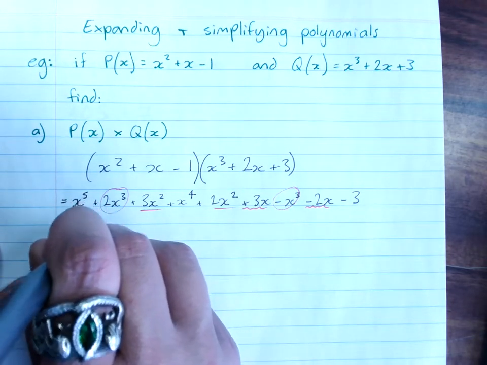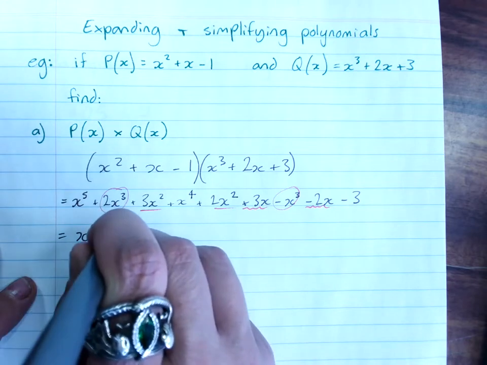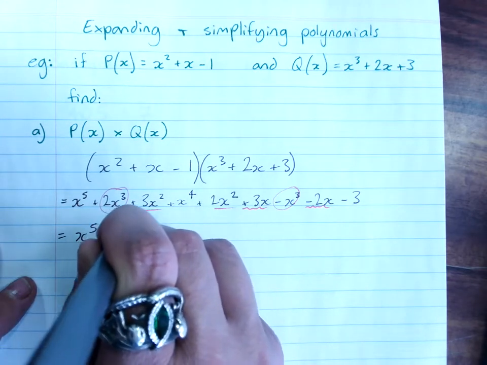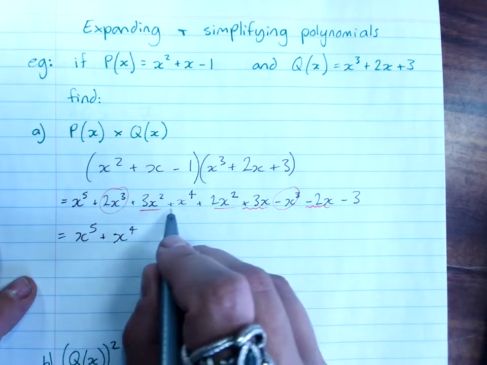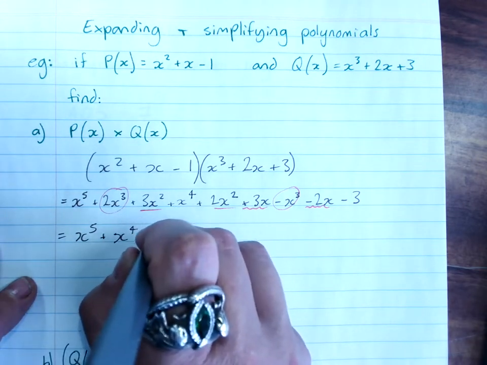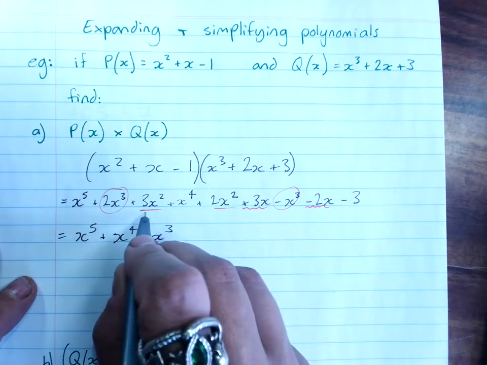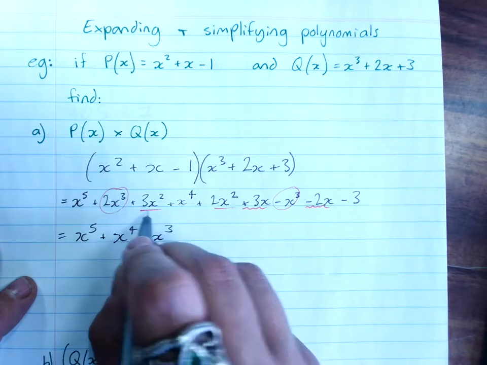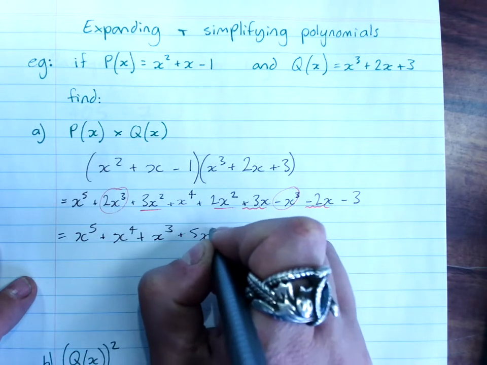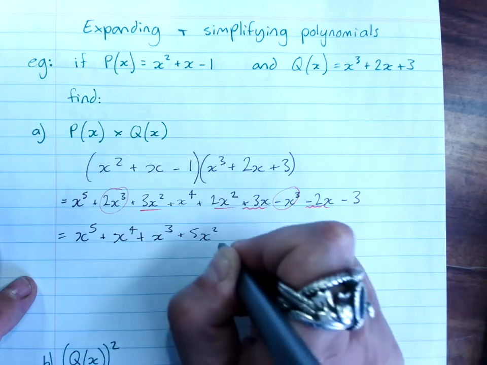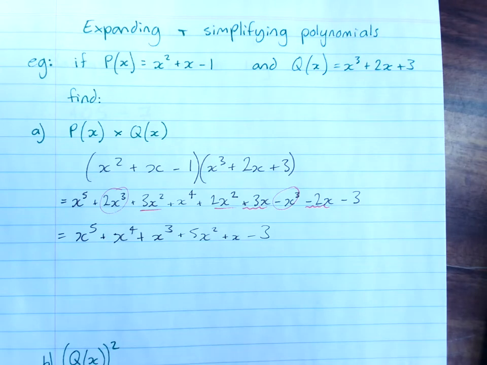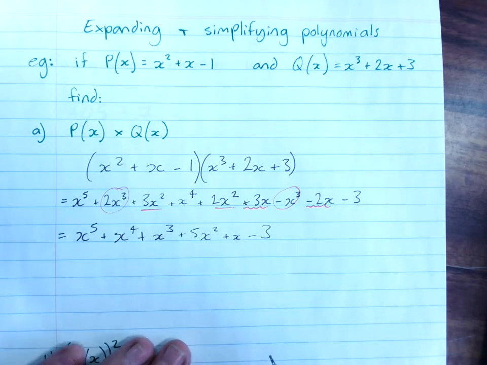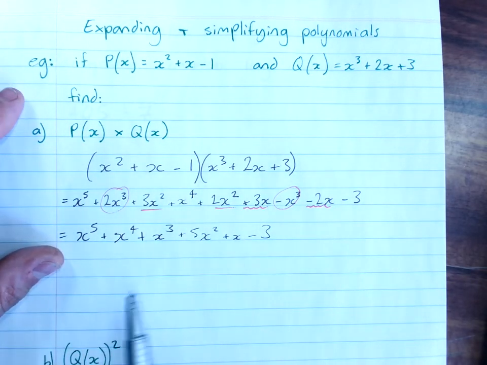So it's x^5 plus x^4, make sure they go in order of decreasing powers of x, plus x cubed plus 5x squared plus x minus 3. So I might leave off the last example there, but you can see how we would expand.